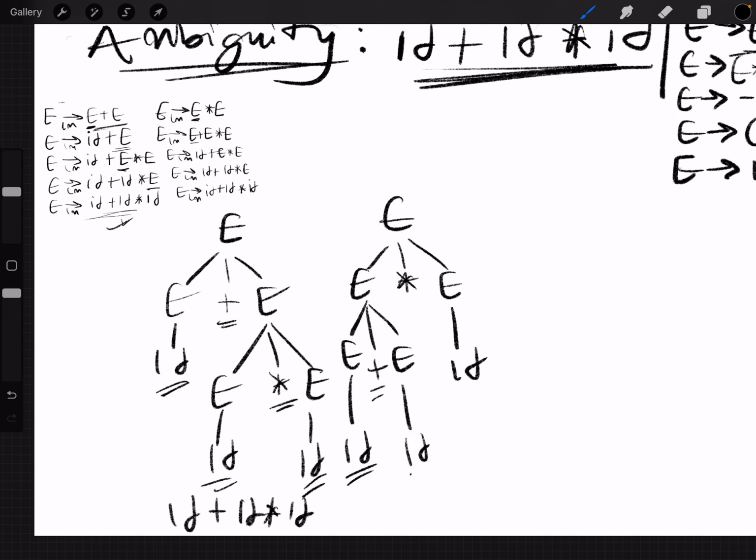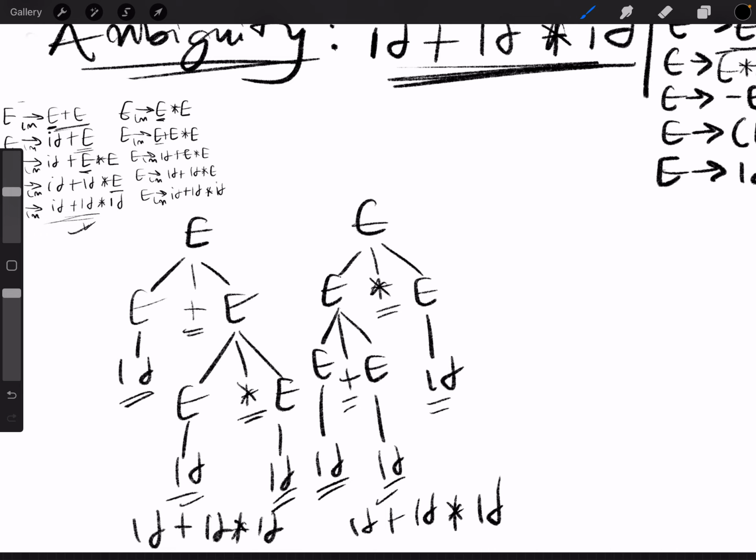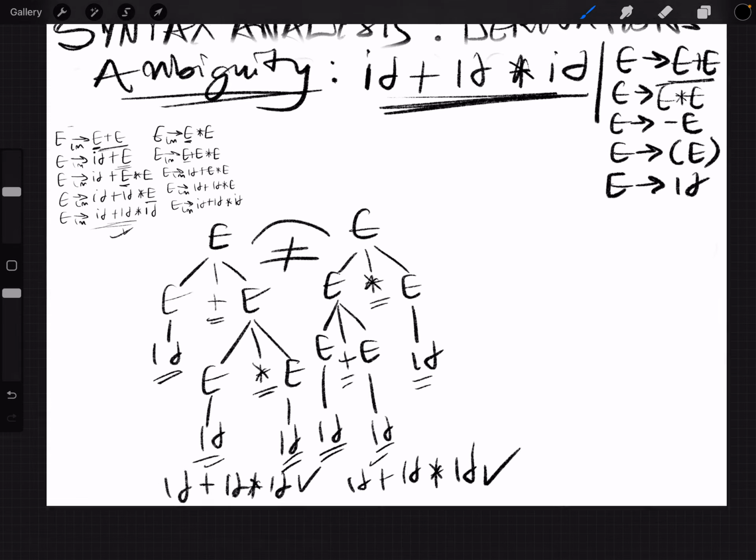Terminal, terminal, terminal, terminal, terminal. ID plus ID star ID. And this also passes the check, and they are both the same. But these are two different parse trees. These are not the same, but they have the same results. So we can claim that this is ambiguous.